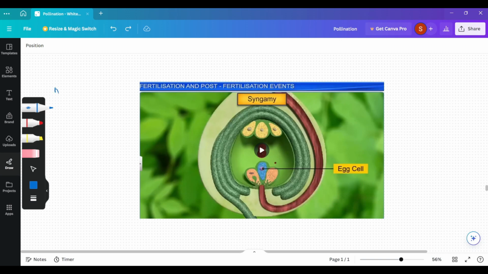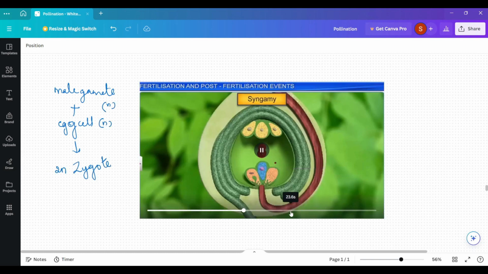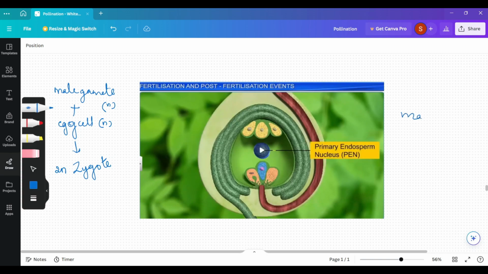So one of the male gametes fuses with the egg cell to form the diploid zygote, whereas the next male gamete fuses with the central nuclei to form the primary endosperm nucleus. So another male gamete fuses with the central nuclei, that is, the polar nuclei.